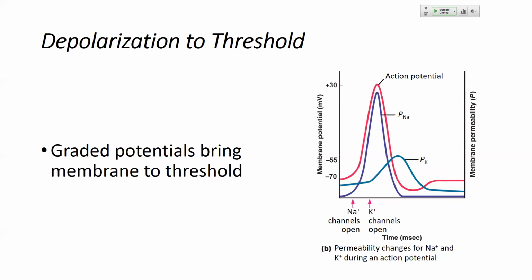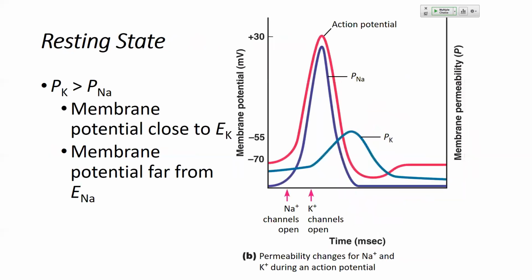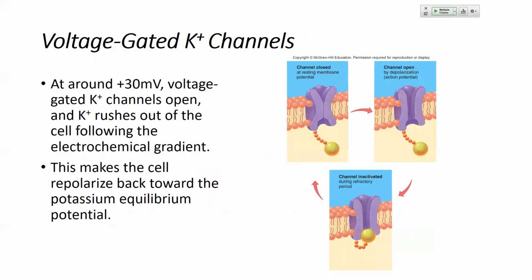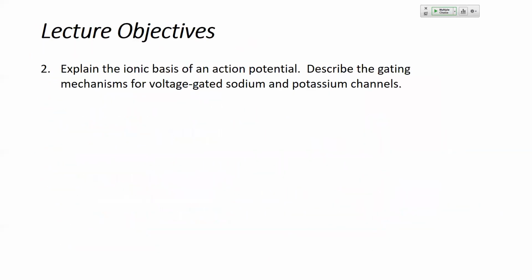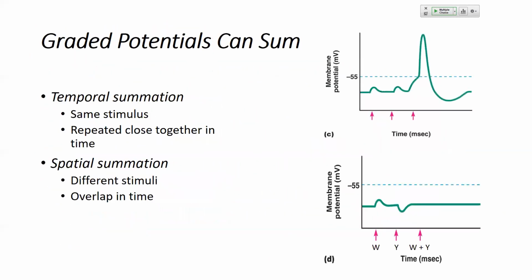Do they get added together or something? They do. Right, so let's go back. They do get added together. So let's say we have a small bump in the membrane potential, about 10 or 15 millivolts, from -70 to maybe -60 or -65. Then we get another one.